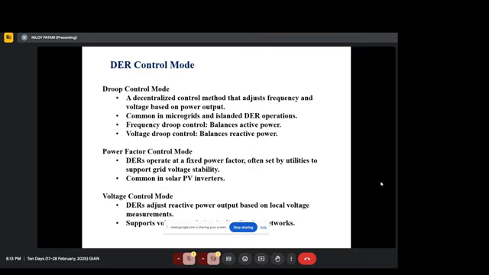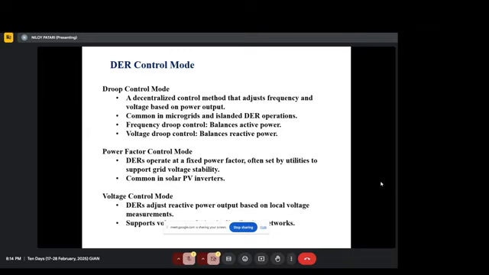So the grid side converter will sense the PCC voltage, which is the point of common coupling voltage. It will sense that voltage and send it back to the control management system, where this sensed voltage is then compared with the reference voltage. Suppose you have a PV inverter and you want to maintain the PCC voltage at 1 per unit.